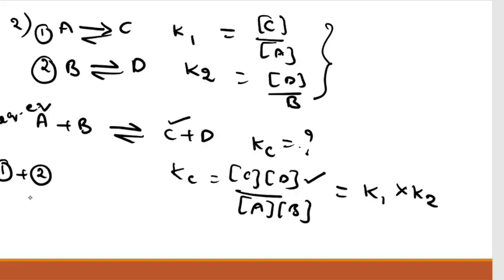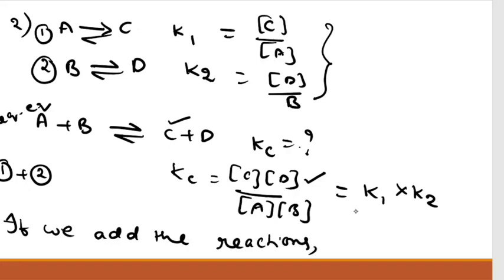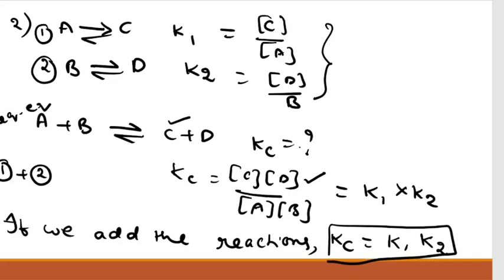So again the conclusion is, if we add the reactions, the new equilibrium constant Kc is equal to the product of the individual reaction equilibrium constants K1 and K2. So if we add equations, we need to multiply the equilibrium constants to get the new equilibrium constant. Here Kc is equal to K1 into K2.